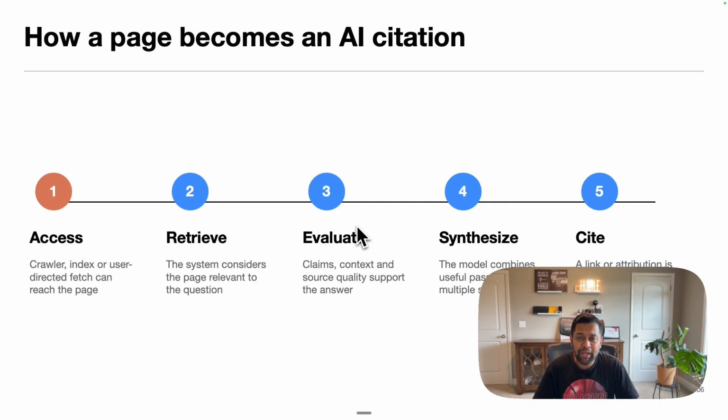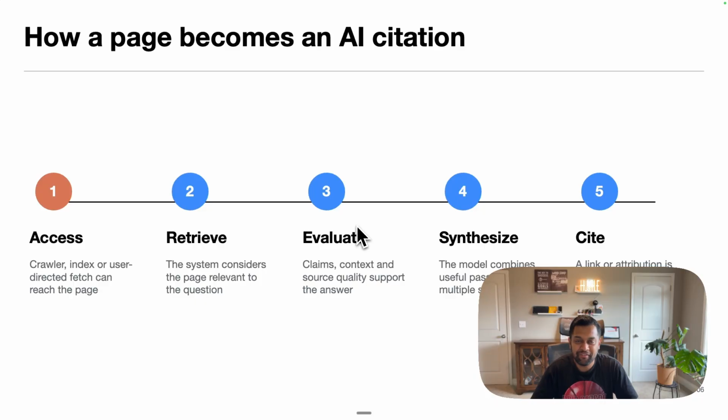So, how does a page become an AI citation? The 5-step model prevents a lot of wasted effort. If a bot, search index, or user-directed fetch cannot access the page, the rest of the optimization does not matter. If the page is accessible but irrelevant to the question, it will not be retrieved. If it is relevant but vague, unsupported, or indistinguishable from other pages, it is less useful. The work therefore moves from eligibility to usefulness.